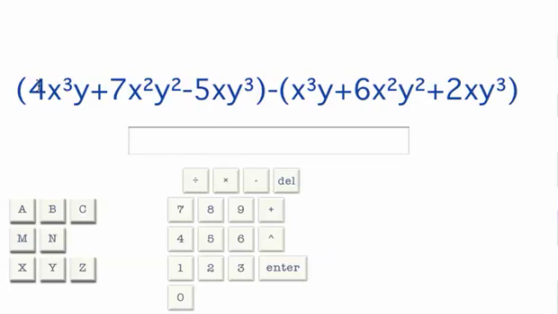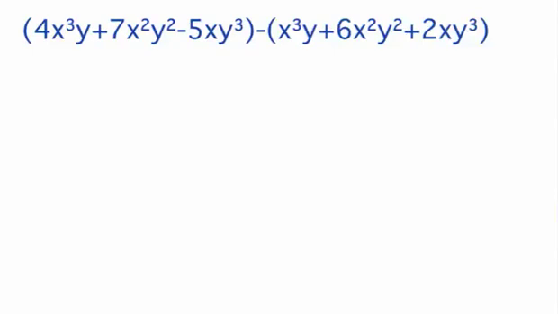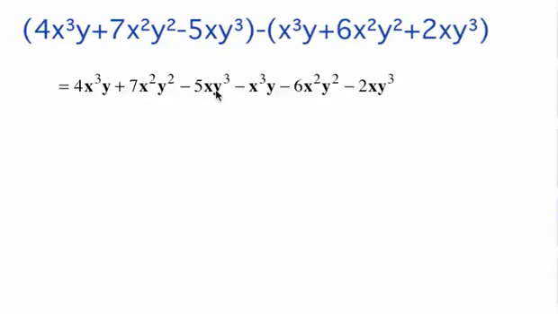So let's just bring that into the PowerPoint again. Brackets, and when we do, these are all going to stay the same, but these ones are going to change signs, okay? So that's going to become negative x to the 3y, minus 6x squared y squared, and minus 2xy to the power 3, okay? Just like that. All right, then we're going to add like terms.